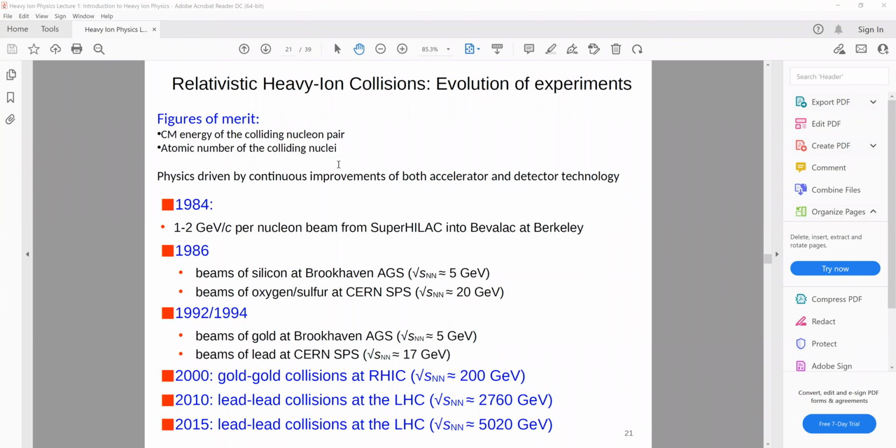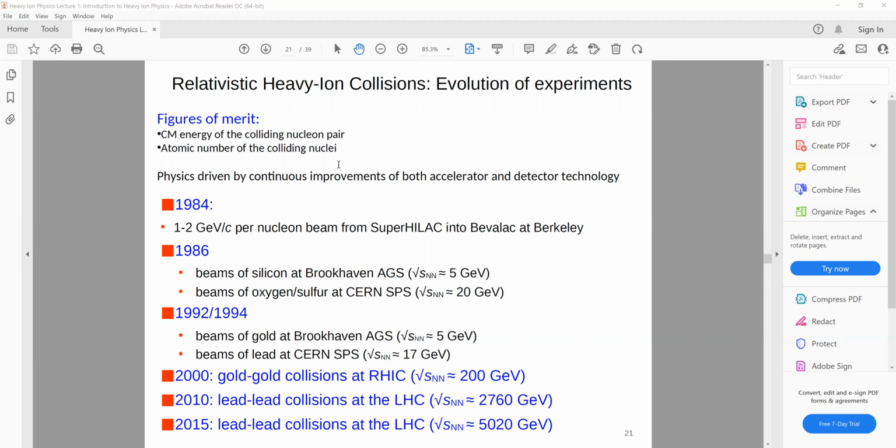The first heavy-ion collider was the Relativistic Heavy Ion Collider, RHIC, at Brookhaven National Laboratory, which had its first gold collisions with 200 GeV per nucleon pair beam energy in the year 2000. After 10 years, we had lead collisions at the LHC, which was a quantum jump in terms of center of mass energy, more than 10 times higher, at 2760 GeV.